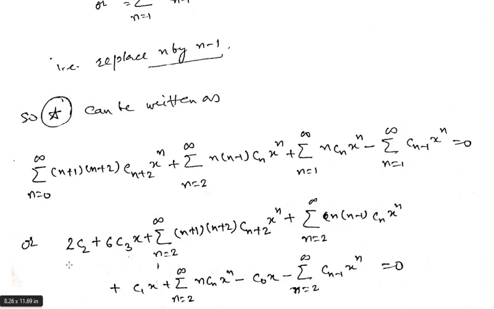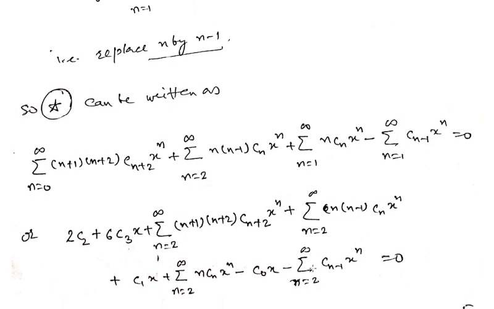So we write this as 2c2 for n equals 0. When we put n equals 0 here, it becomes 2c2. When we put n equals 1, it becomes 6c3x, and the rest of the terms start from 2 to infinity. This is already starting from 2 to infinity. This is starting from 1 to infinity, so for n equals 1 it becomes c1x, and the rest of the terms start from 2 to infinity. There also, for n equals 1, we get c0x, and the rest of the terms start from 2 to infinity.